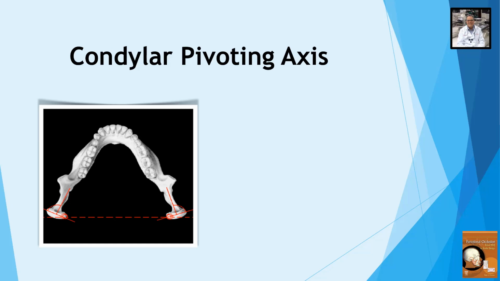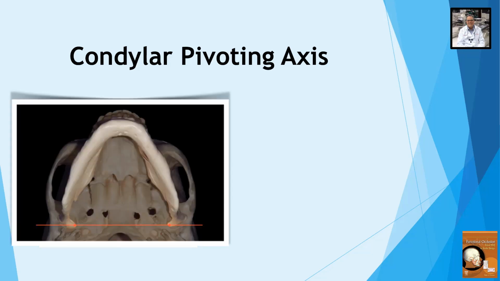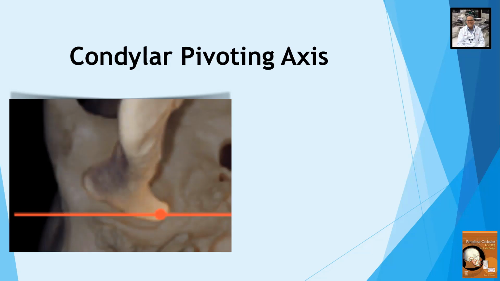If we get a closer look and zoom in a little more, right here, we'll see that initially upon opening, as you remember, there can be a pure rotation for 20 to 25 millimeters, which is average, and it pivots around an axis. If we draw a line through that pivoting axis, we'll see that that line goes through the medial pole of the condyle. Notice that the lateral pole is outside that pivoting axis.